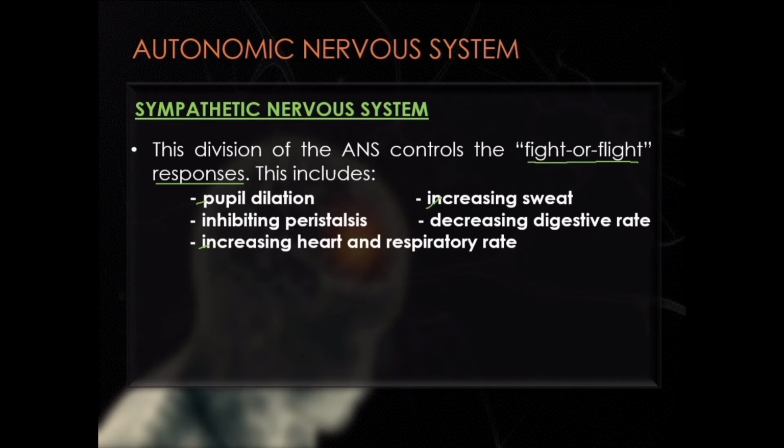We do that by the process of sweating. Now when we're running, we don't have to worry about digestion, because our body needs to use the majority of the energy to run instead of digest.